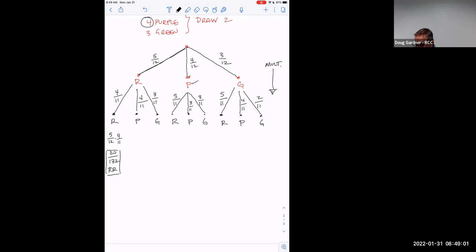In the same way, we can do this with every single one of these. So this would be a red and a purple. And since 5 times 4 is 20 again, notice it's the exact same probability. That's interesting. 20 out of 132.